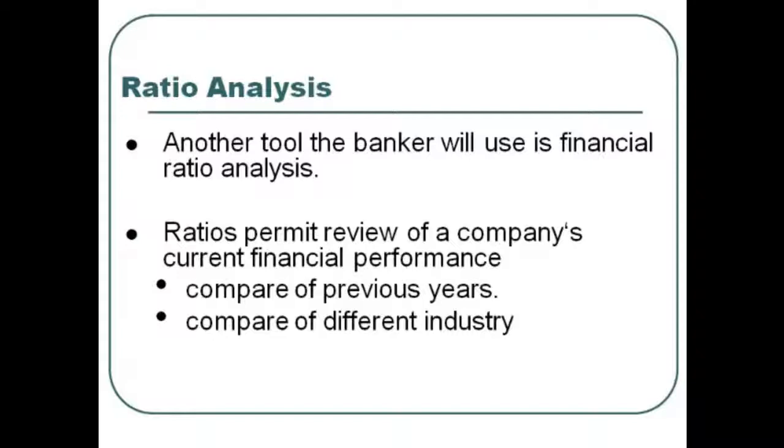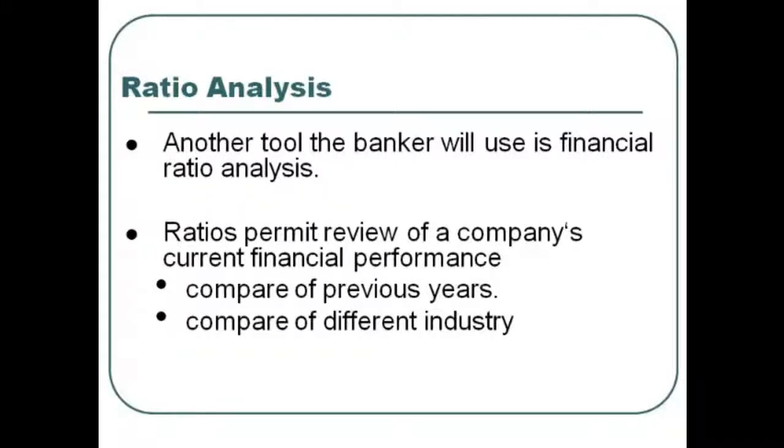Okay, so the bank has a pool of customers. Let's say you are in the food industry, the Western food industry. They will compute your ratio, then compare your ratio to your industry players, your competitors.